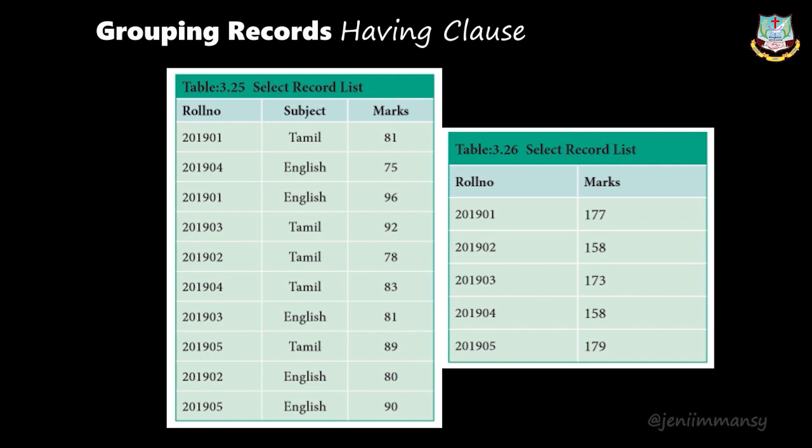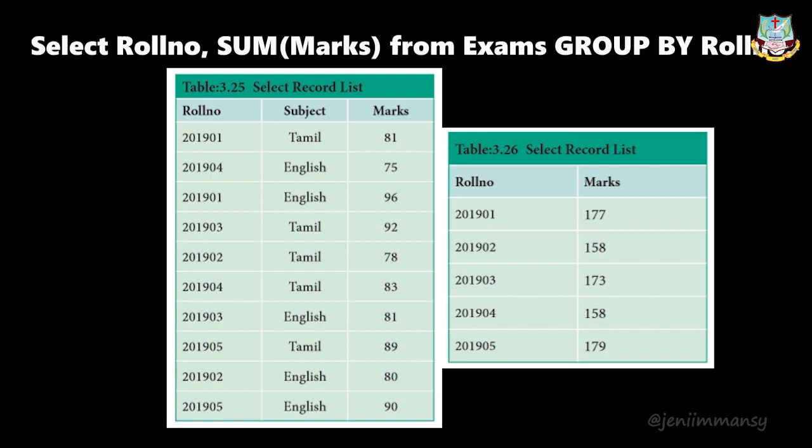right? Here if you see, now we are going to give SELECT roll number, comma, SUM, and in the bracket we have to give marks, FROM exams GROUP BY roll number. That means we'll get the roll number in ascending order, and it will be grouped there. For one roll number the marks will be summed.